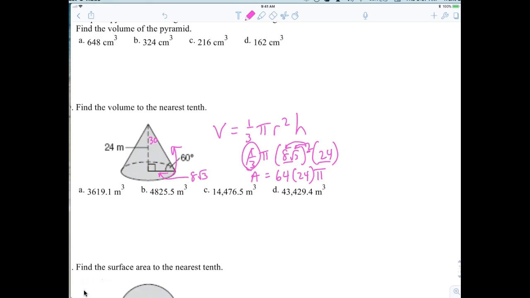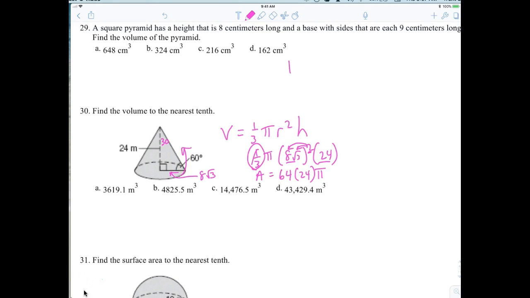I just don't understand how 8 radical 3 squared is 64. It's not. Look, 1/3 pi. Now I'm going to do 8 radical 3 times 8 radical 3 times 24. That's a better way of looking at it.